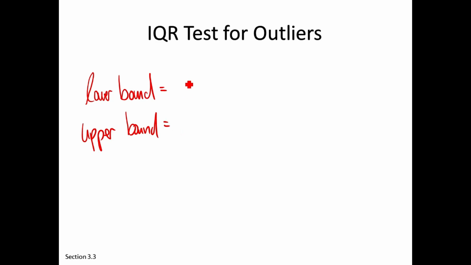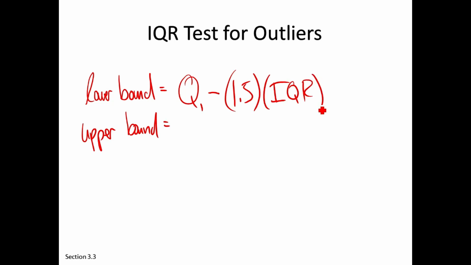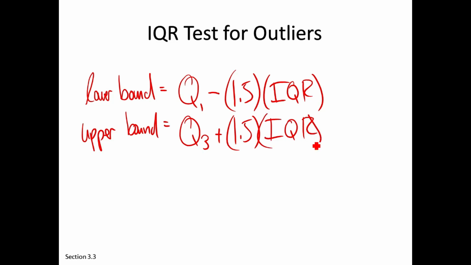So to get our lower bound, we go from Q1 and we go down 1.5 IQRs. And to get our upper bound, we go from Q3 and we go up 1.5 IQRs. So we go from Q1 and go down a little ways, and we go up from Q3 and go up a little ways.